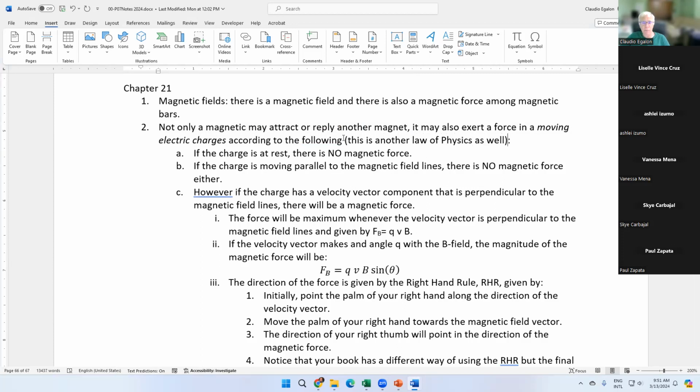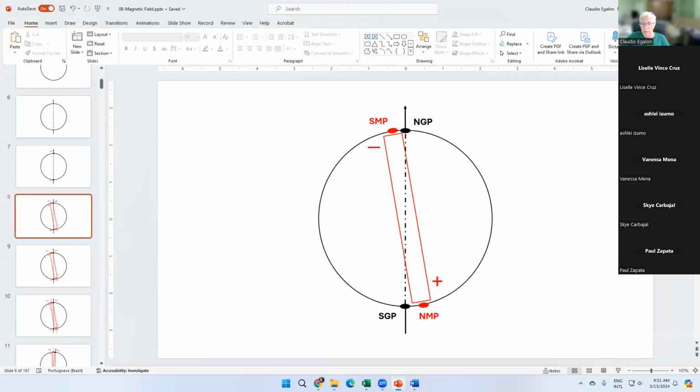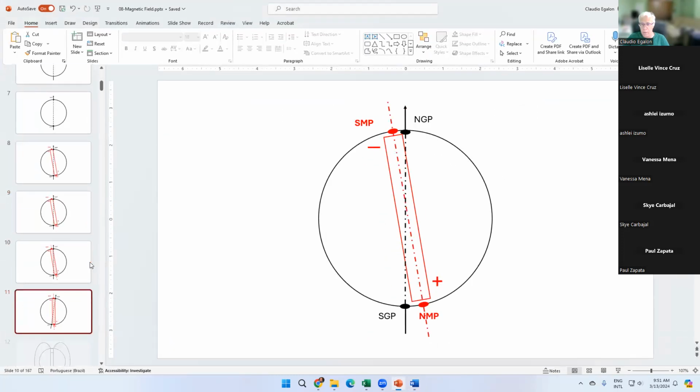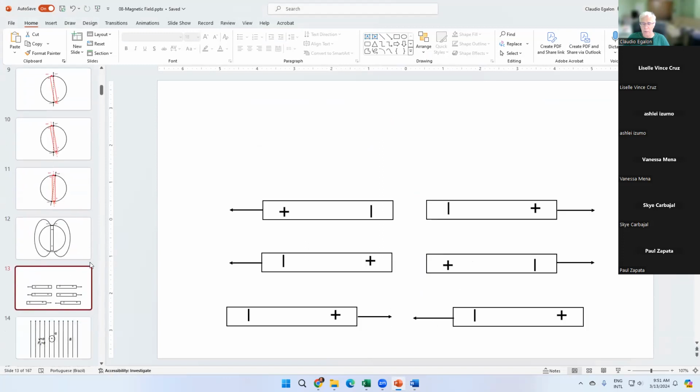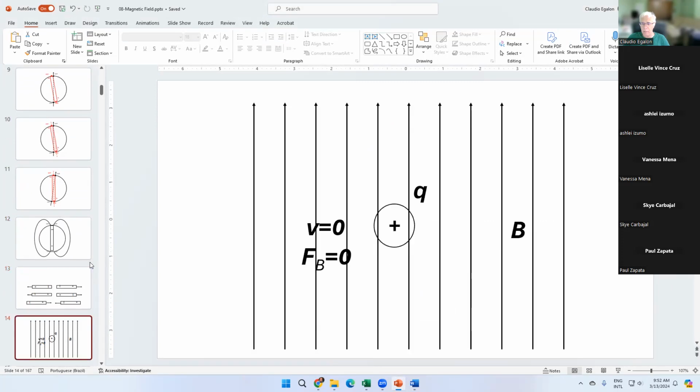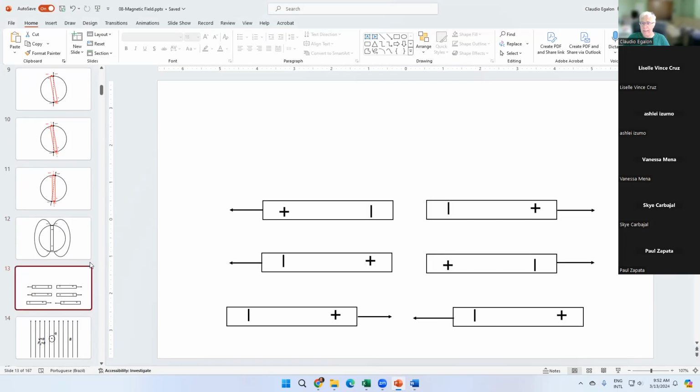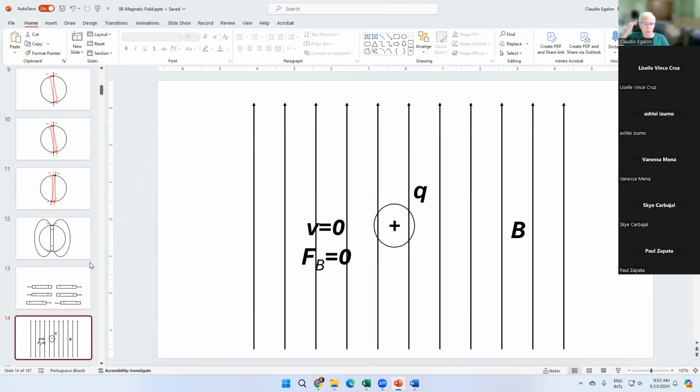But how does this force behave? I'm going to show here lines of magnetic field of the Earth. We mentioned that, right? Negative poles repel each other, positive poles repel each other, and a positive pole attracts a negative pole. And now let's talk about the charge. Suppose that we somehow can create a magnetic field in space.